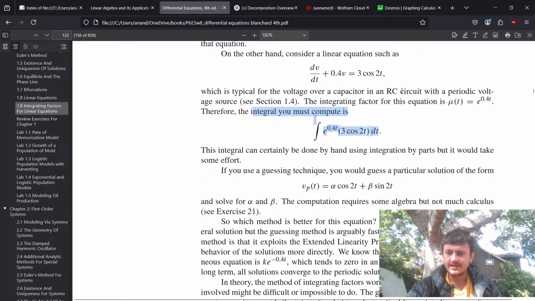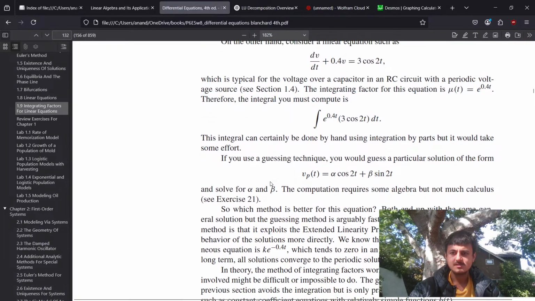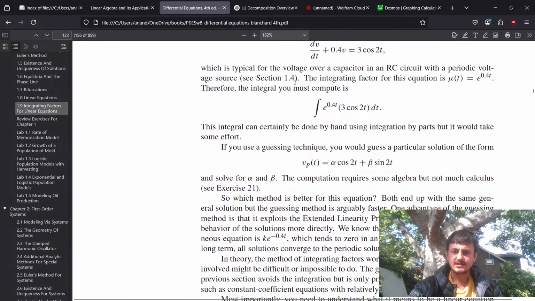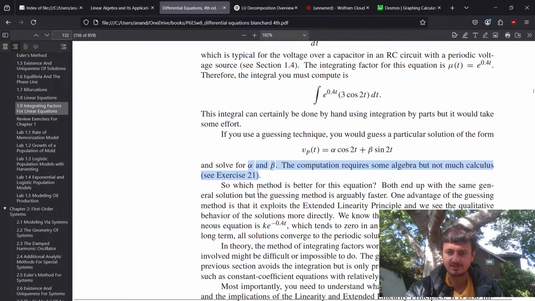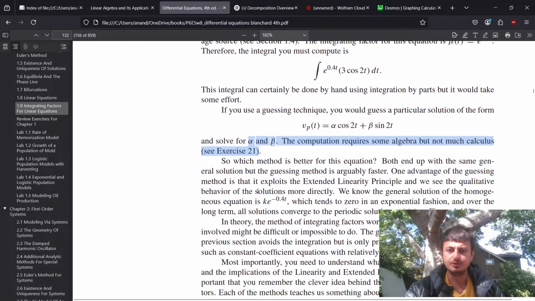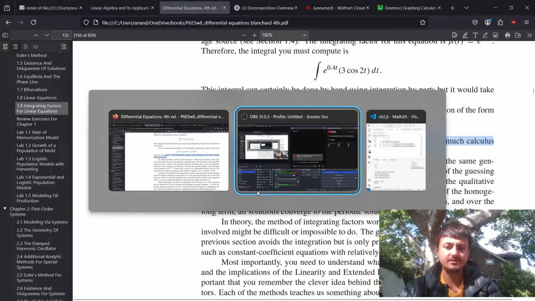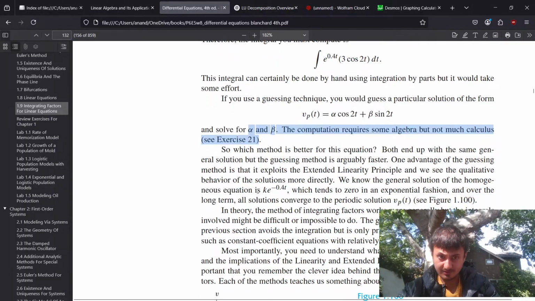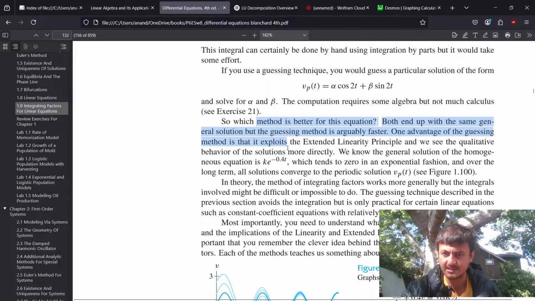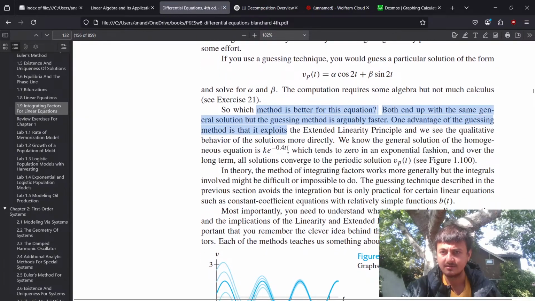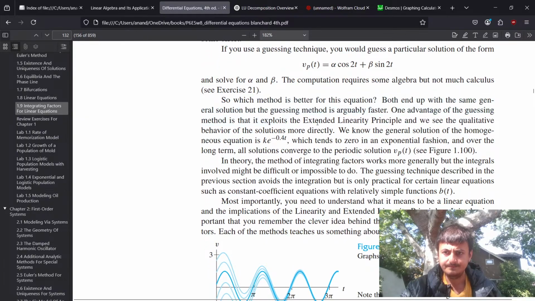This integral can be done by hand if you use a guessing technique. Oh. Yeah. Okay, that's a good example. So we'll do exercise 21. We'll do both of them, and then we'll see which is easier. All right. So which method is better? They give the same answer, but guessing is faster.